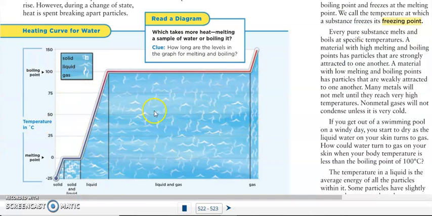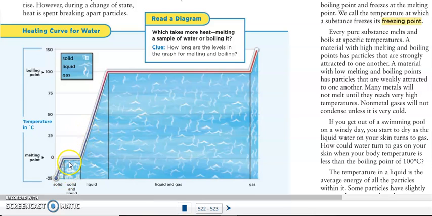Okay guys, you can see this diagram here, this heating curve for water. You can see it was solid under negative 25 degrees, under 0, and the melting point of the solid is 0. When it gains heat, it gains temperature; we have an increase in temperature.